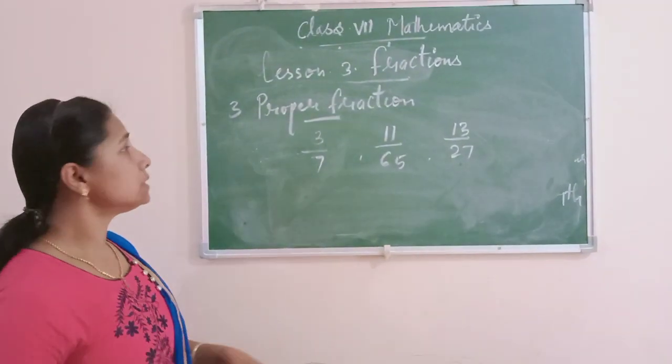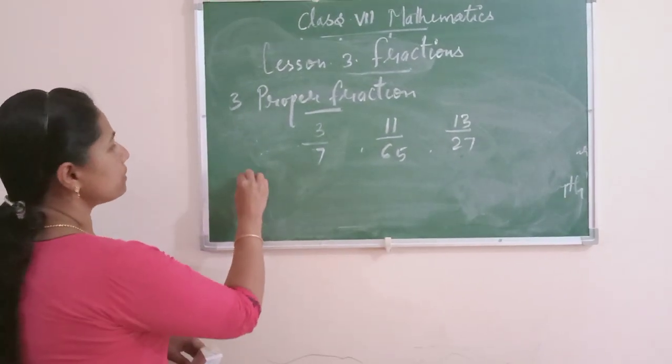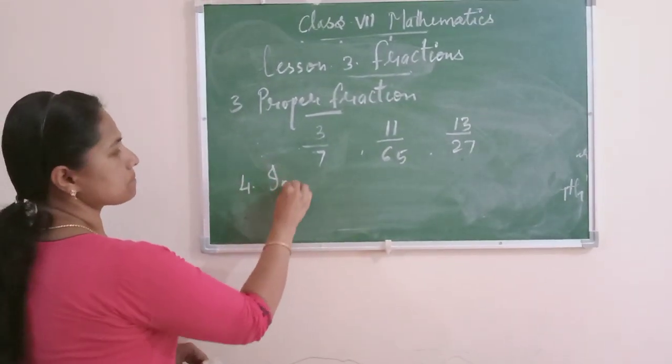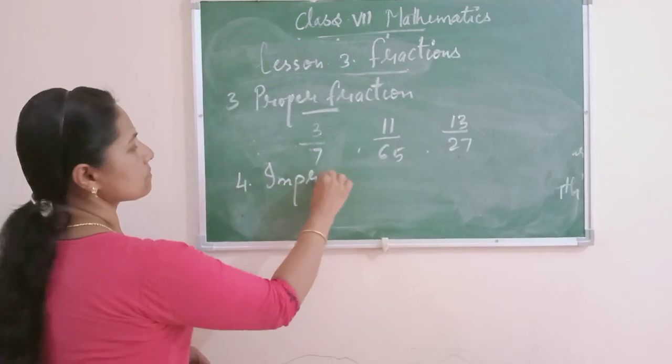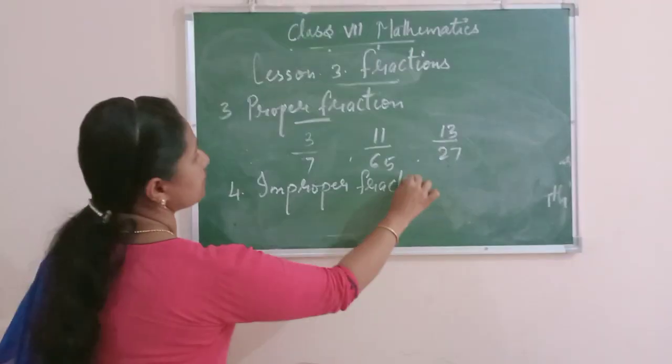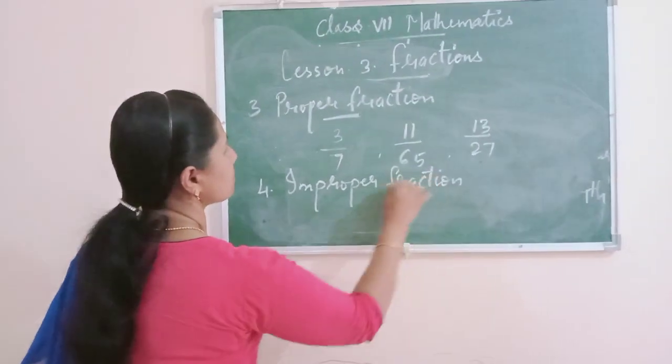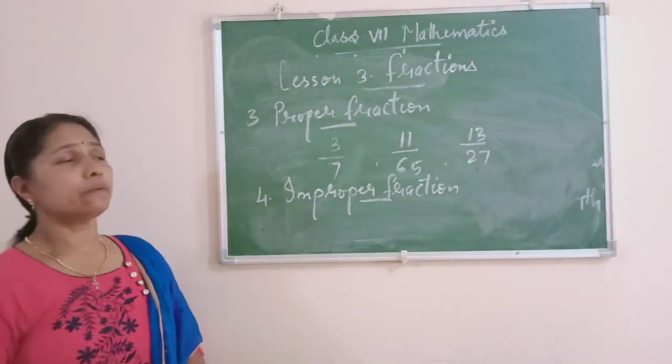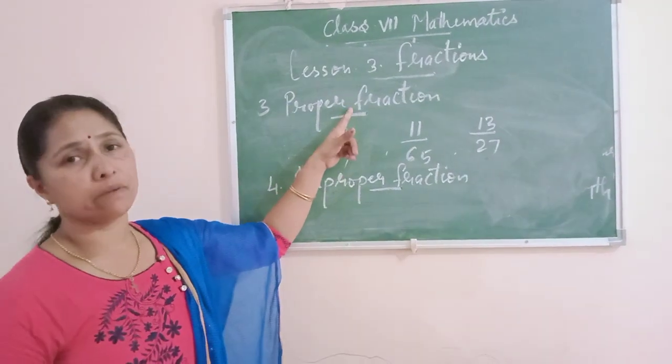And the fourth type of fraction is improper fraction. Improper fraction is just the opposite of proper fraction.